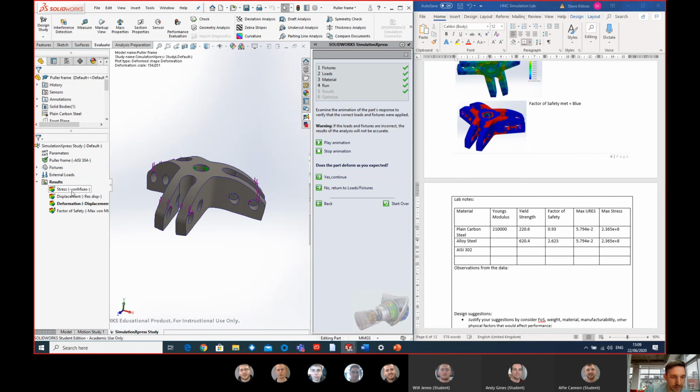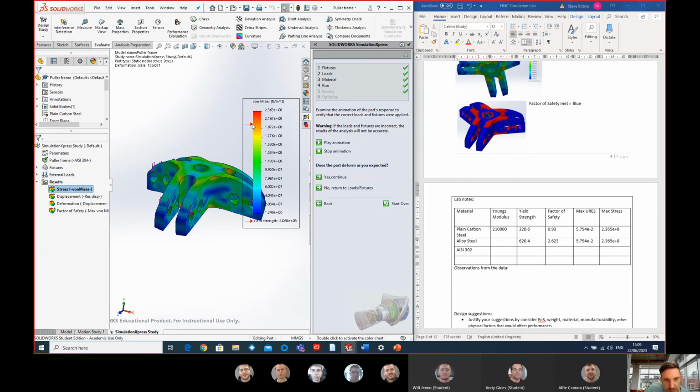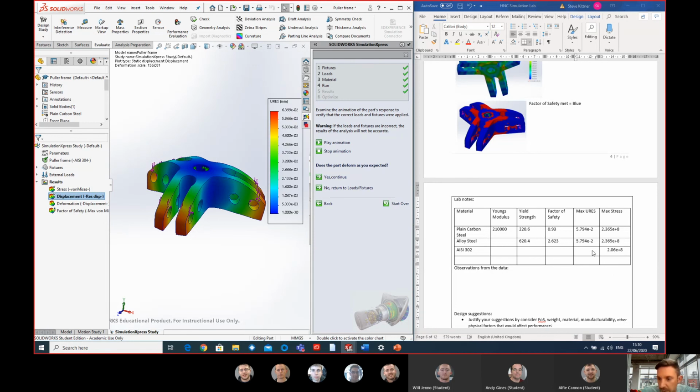Okay, let's look and see if our stresses are the same. Slightly lower. It's not giving me an exact value. Oh, there it is. Yield strength down the bottom. 2.06. Okay, let's look at our displacement. So actually more displacement.